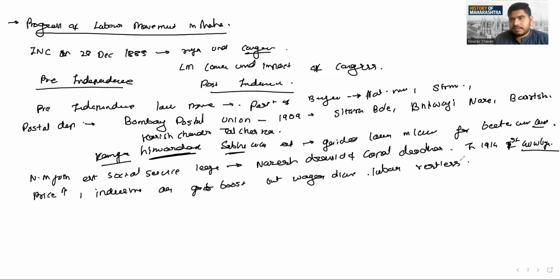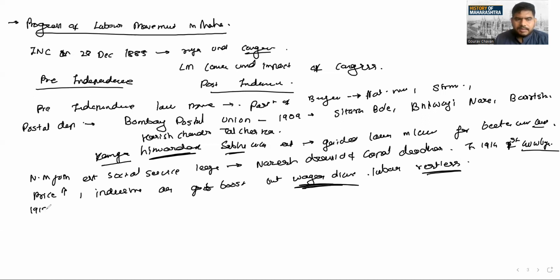Workload increased, production increased, and the income of the factory increased, but still the wages were not increased. Due to this, the labor section became very disgruntled, or restless.